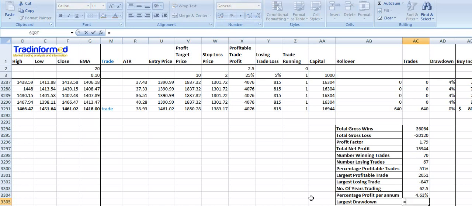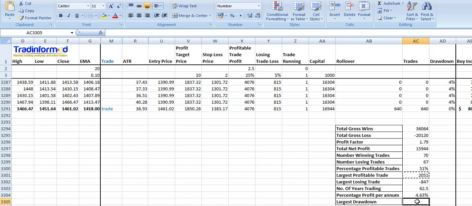And then the last one we want to know is, what is our largest drawdown? Drawdowns can be very difficult psychologically to take, and people in general have a tendency to give up on trading strategies when they see their capital account draw down by a large amount. So we calculate this by looking at our max.